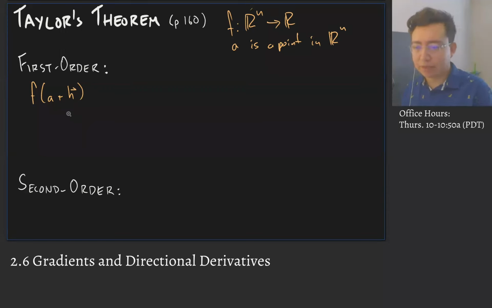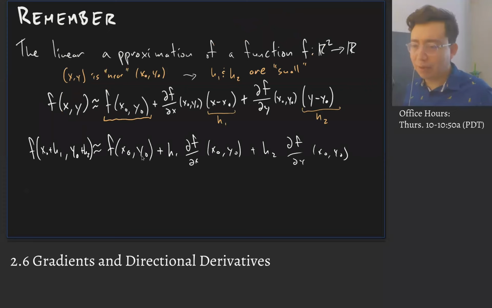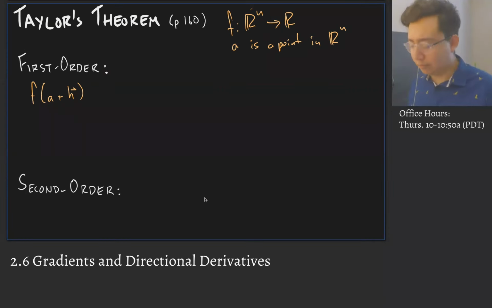This is going to take the place of, right? If we go back here, the vector h would be h1, h2. We're going to see that here. So this is going to be equal to f of a.